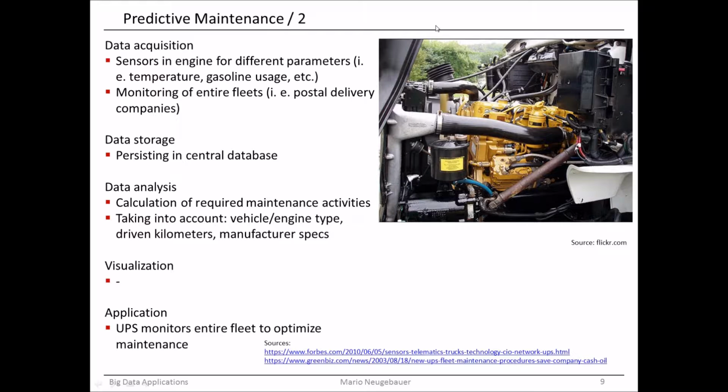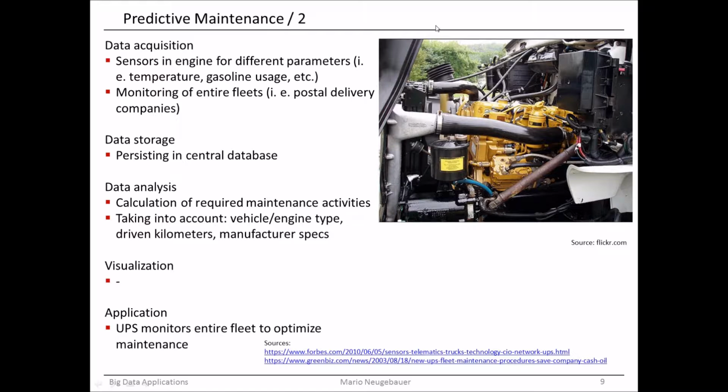Depending on the value of the data you want to acquire with the sensors, it might be useful if you transfer the data via a mobile network. If these data are of high value, maybe you need to make a real-time decision, then you would transfer the data quite early via a mobile network.